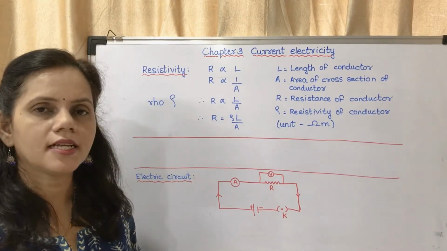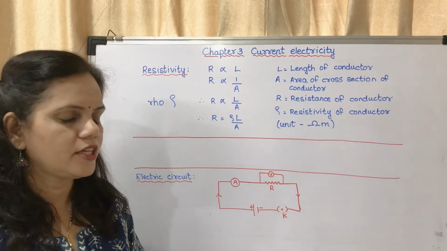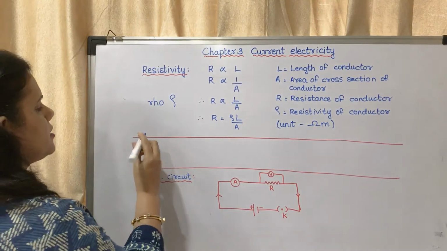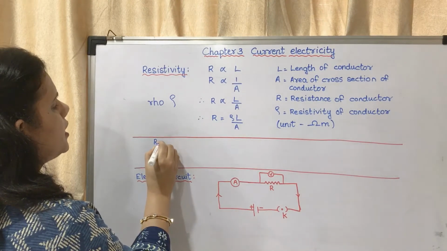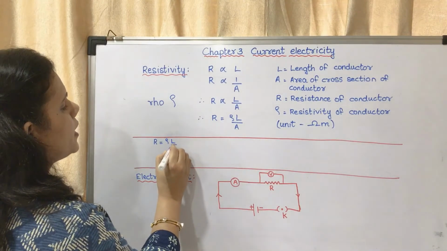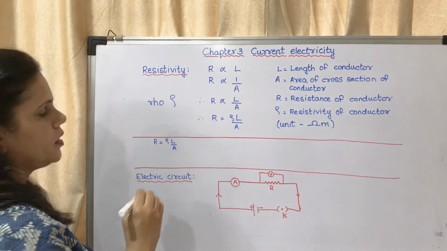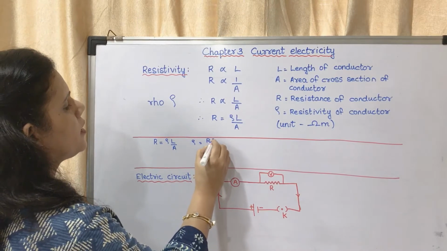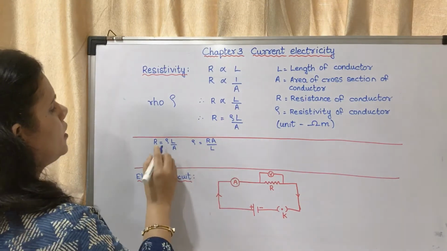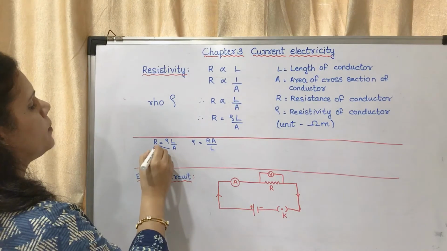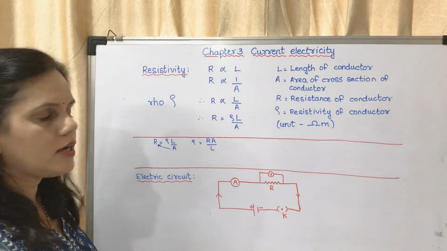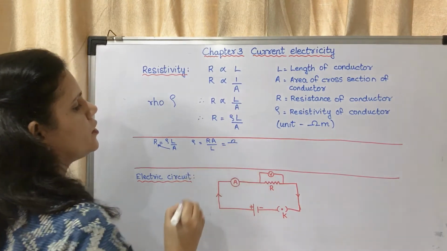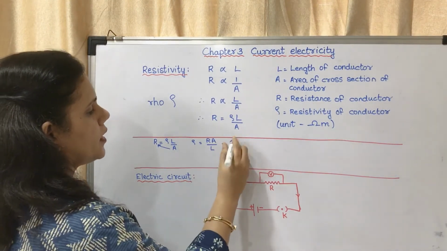Above that box there is a question: how will you prove that the unit of resistivity is ohm meter? Now I'll show you the answer. You know that R is equal to rho into L upon A. Cross multiplying, rho will be equal to R A upon L. What is the unit of R? It is ohm, as I had discussed.